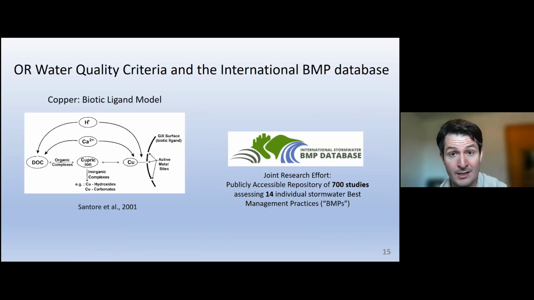I also looked at how my data compared to Oregon water quality criteria. There were criteria for certain parameters I measured, like metals, for example copper, and there's criteria for bacteria. I also looked at the International Stormwater BMP Database, which some folks may be aware of, which lists treatment effectiveness for different BMPs, like bioretention cells, across a bunch of studies.